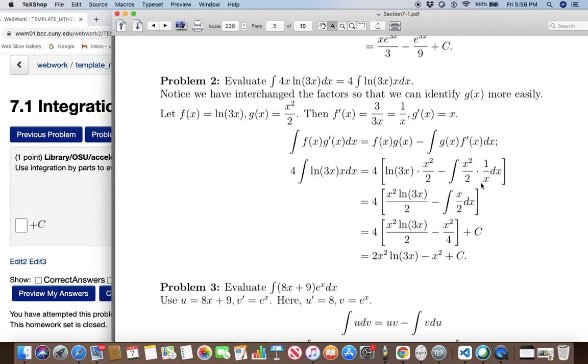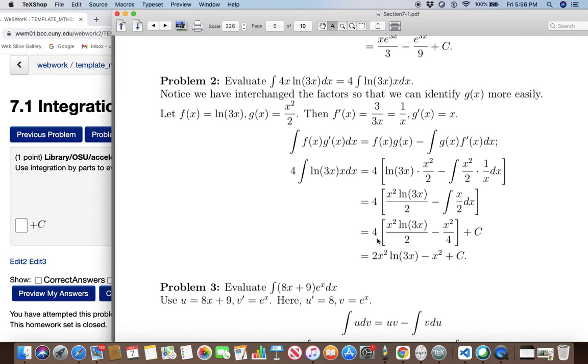Now that x reduces one of the x's and I have x over 2 here. So rewriting this 4, combine this, I have written x squared natural log 3x over 2 minus, reducing that, integral of x over 2. Well, integral of x over 2 is x squared over 4. Nothing difficult here. So that entire expression is being multiplied by 4.